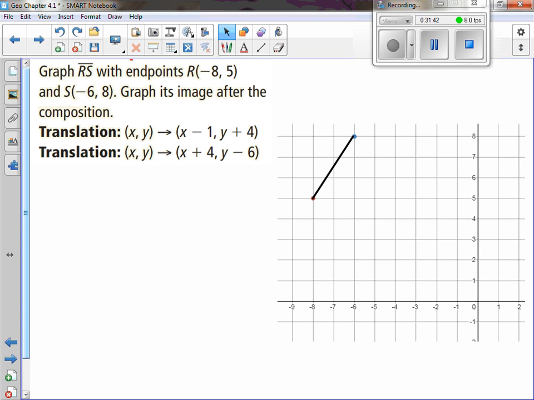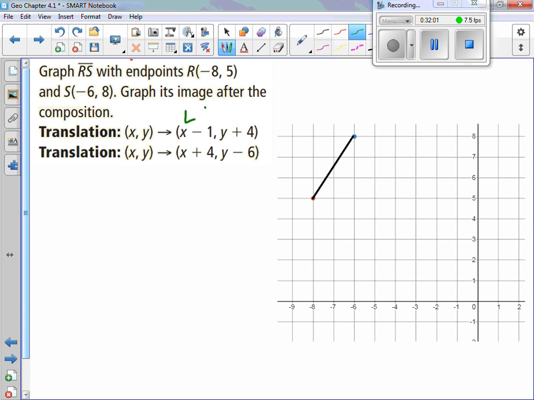So we've seen one using the math, using those numbers there. So let's do one with just looking at the movements. So this point here, negative 8, 5, and negative 6, 8 is moving what?